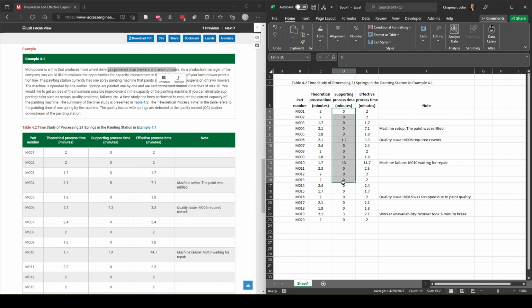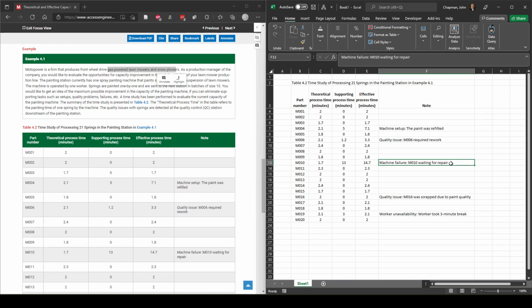The next column is supporting process time. We see here in row 7 there was some machine setup time. The paint was refilled. In row 9 there was a quality issue which necessitated some additional support process time. Row 13 there was 13 minutes while there was waiting for repair.